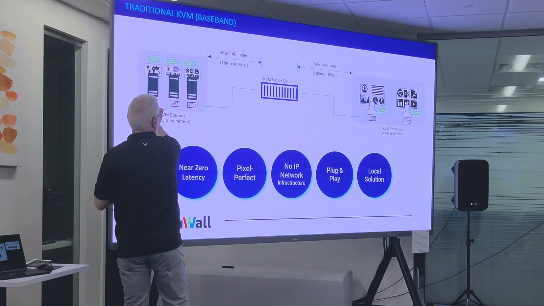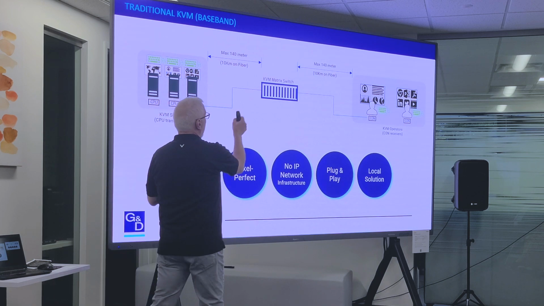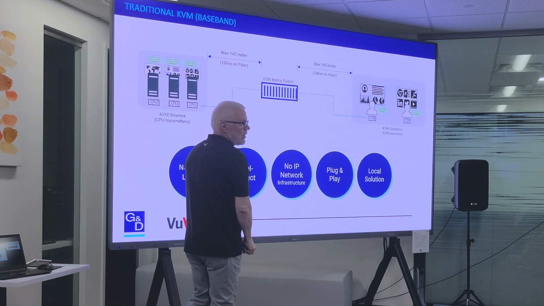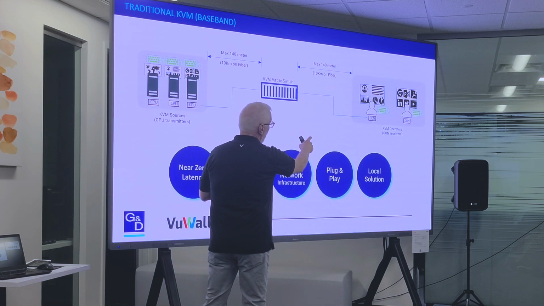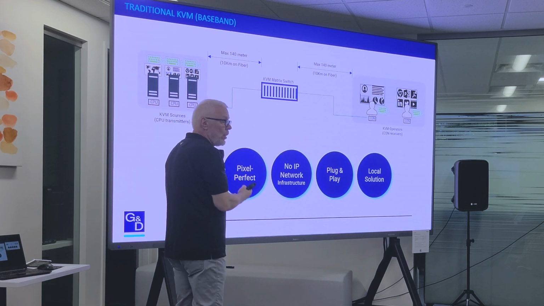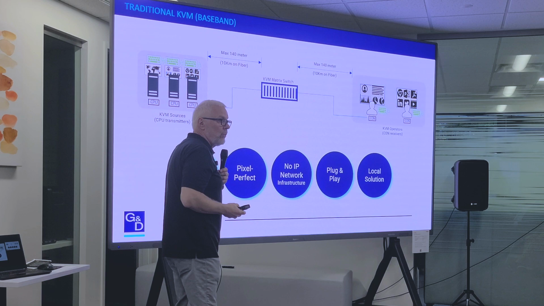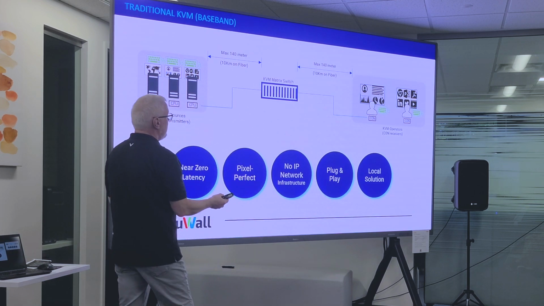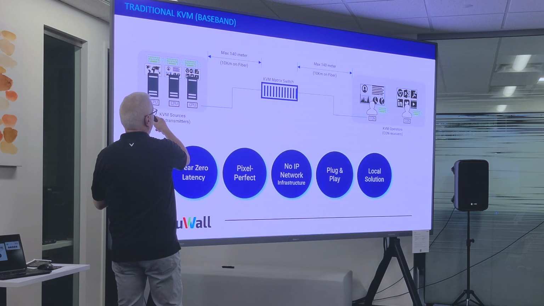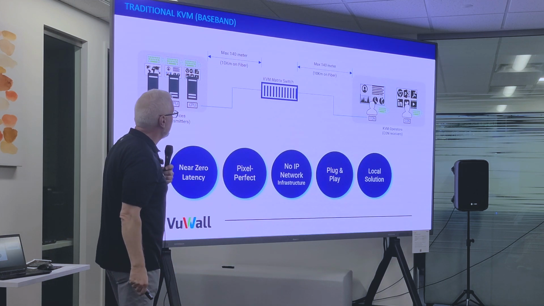Each CPU module, those transmitters, is connected to a slot in this KVM matrix. And the same goes for the console modules. Each operator doesn't have a computer, but just a console module that is connected to the matrix switch. And through that system, every operator can access any of those source computers.